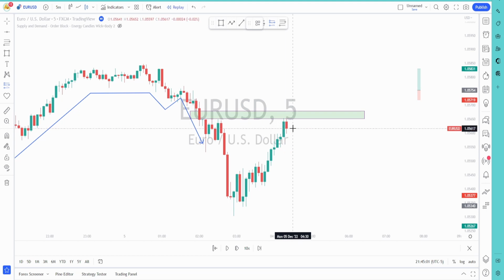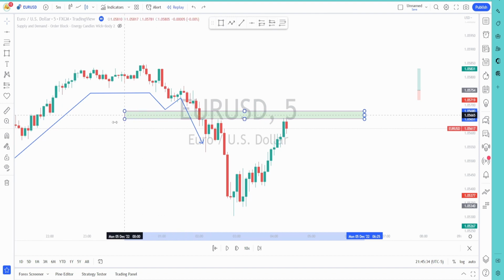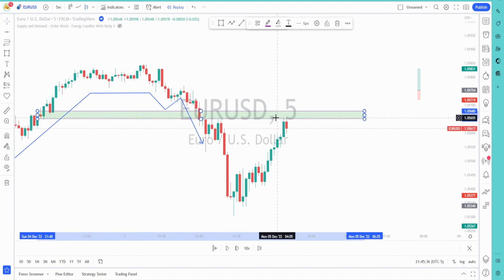The reason for this: price came into the area, it touched into it, and some may want to get in right away, but we don't know if that candle's going to shoot right through. So we're waiting for it to almost close, and if it looks like it's respecting the area, we're getting in on the trade.